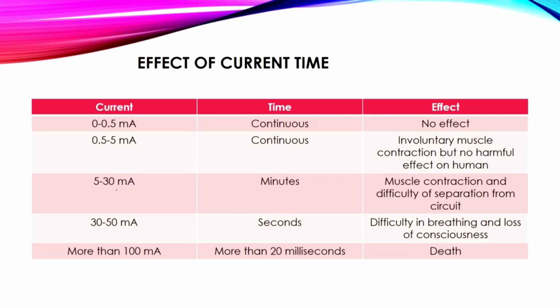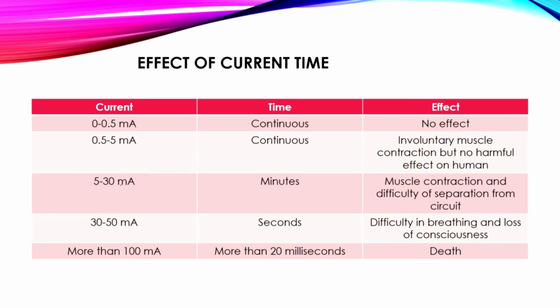From 5 to 30 milliampere, if the human is exposed to this amount of current for minutes, this will cause muscle contraction and difficulty of separation from the circuit. You cannot let go of the circuit.